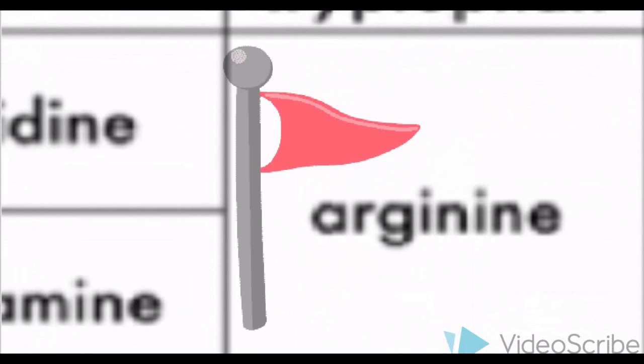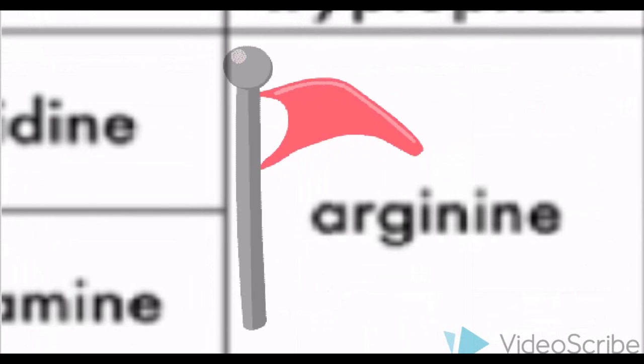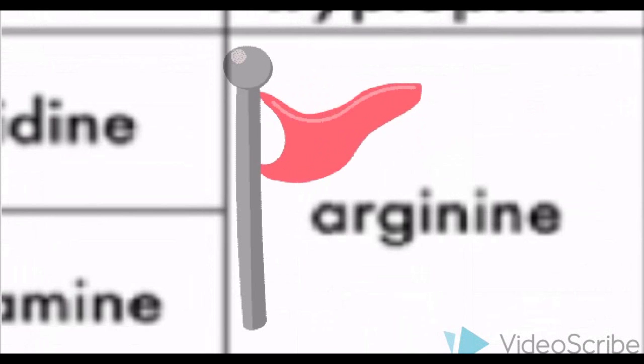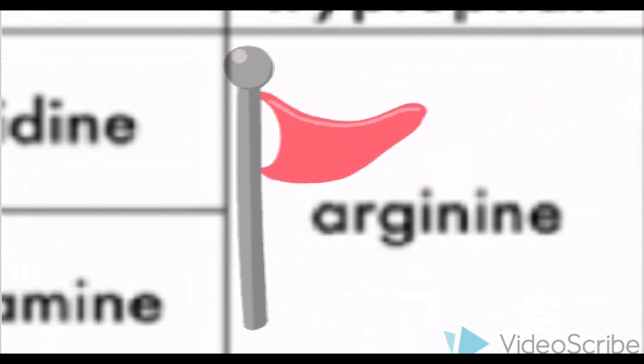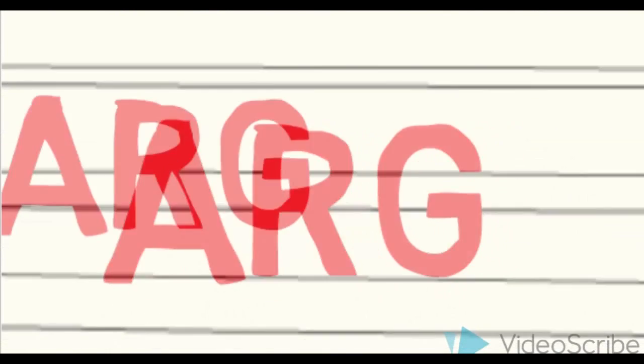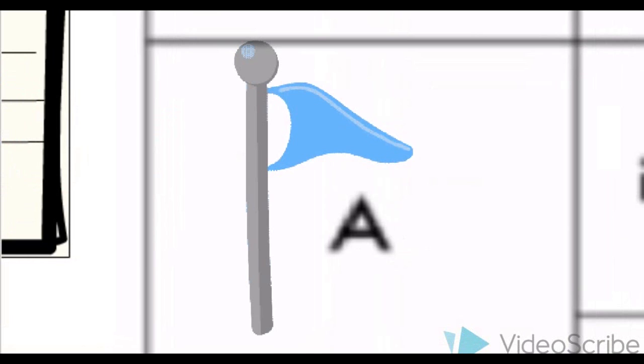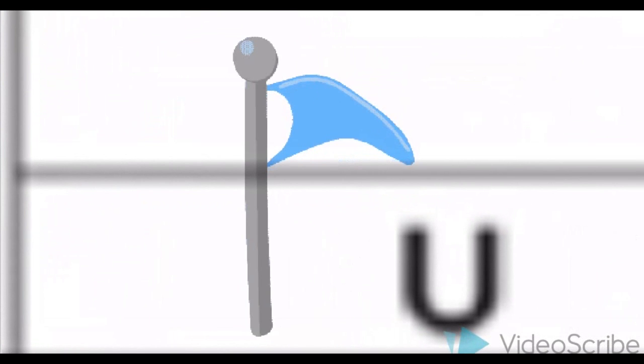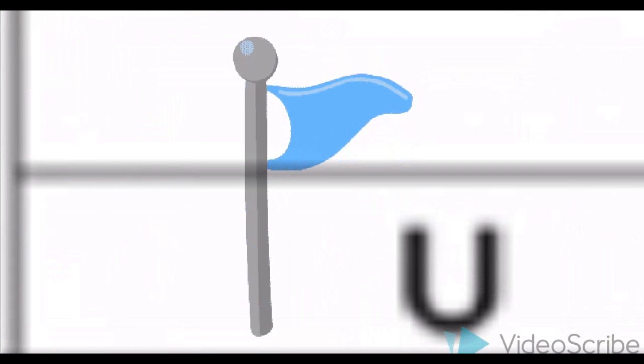It will be arginine. Also, we need to write in our notebook. So here you see ART. The next amino acid we need to find: the first will be adenine, located in the first letter. In the second letter we will find uracil, and in the third letter we need to find guanine.